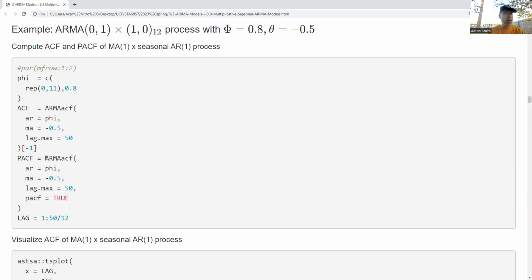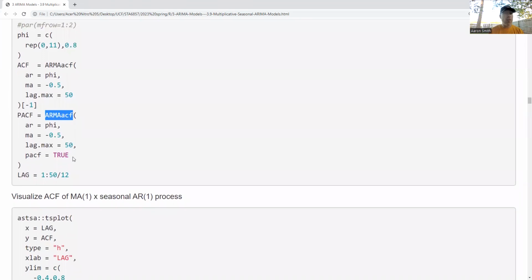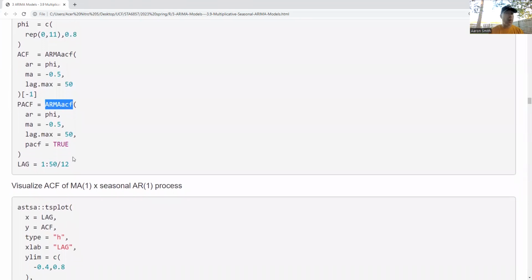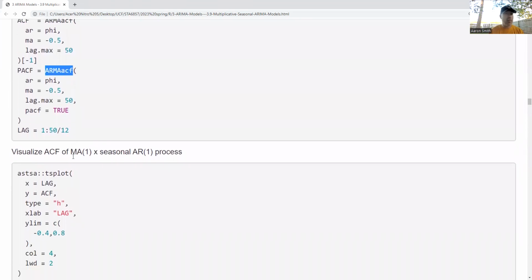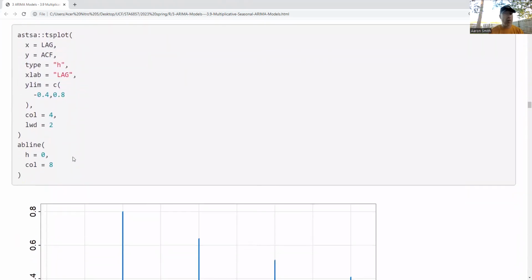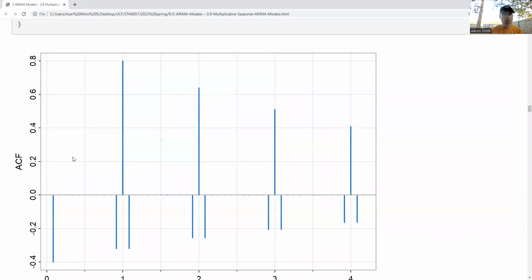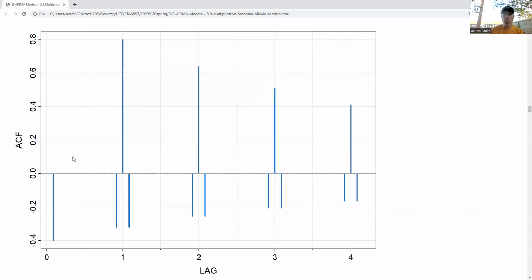Now I'm running the ARIMA autocorrelation function by just dropping in the values. And now let's go ahead and get the values for it. So here I'm going to see the autocorrelation function. All right, and notice I have a lot of zeros in here.